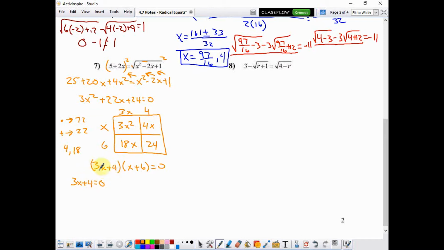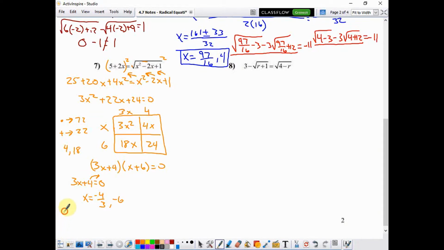If I set this equal to 0, move that over, I'm going to get negative 4, and divide, I'm going to get x equals negative 4 thirds. Here, I'm going to get negative 6. So those are my two solutions that I need to check.